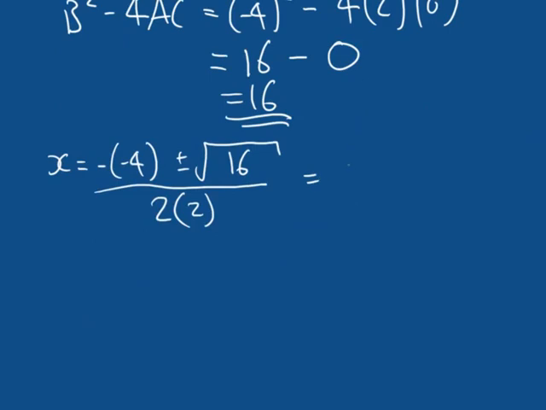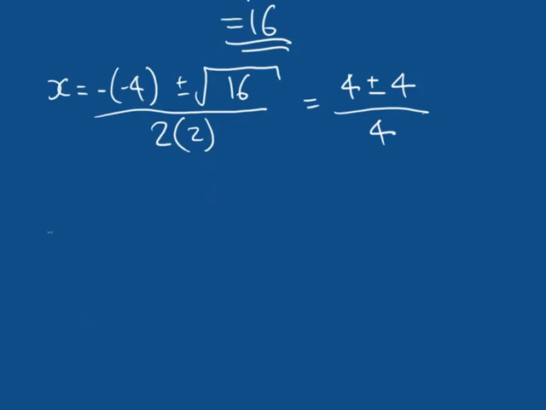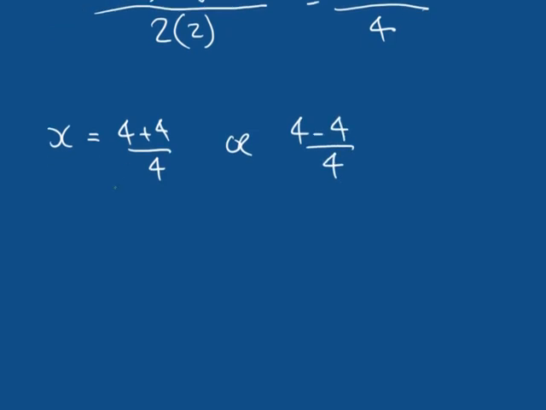So minus 4 is plus 4, so it's equal to 4, plus or minus the square root of 16 is 4. So 4 plus or minus 4 divided by 4. That means that x is going to be equal to 4 plus 4 over 4, or 4 minus 4 over 4. Which means that it's equal to 8 over 4 or 0 over 4, which means it's equal to 2 or 0.